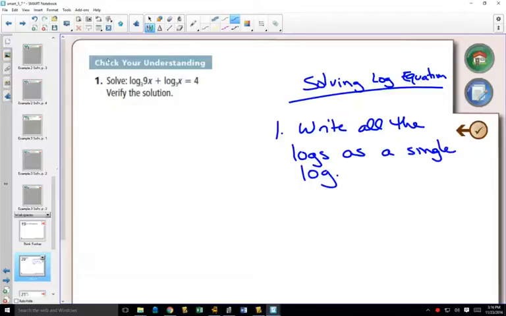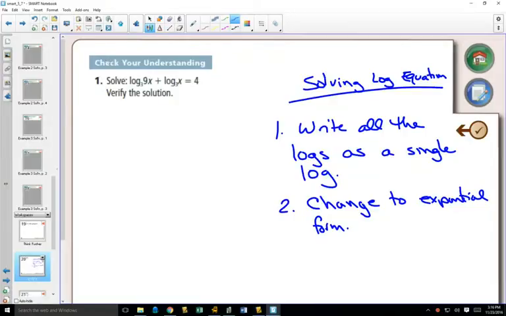Because once you've written it as a single log, then you can use your definition of a logarithm, and step 2, change it to exponential form. And once it's in exponential form, you'll be able to solve for x.